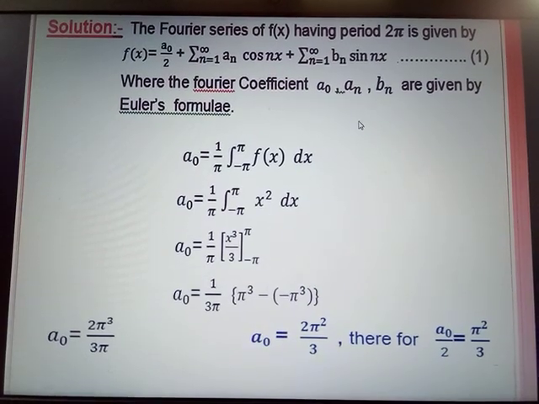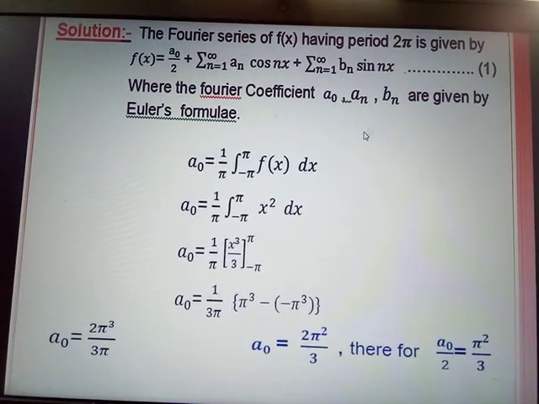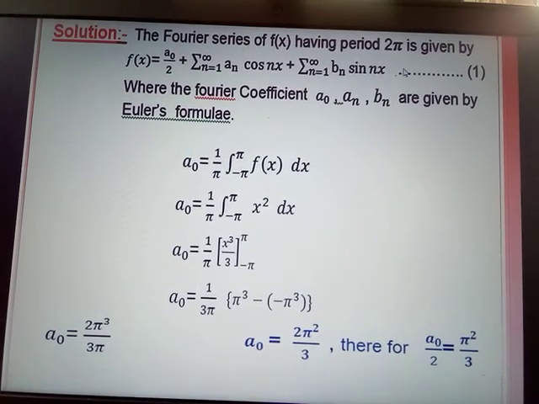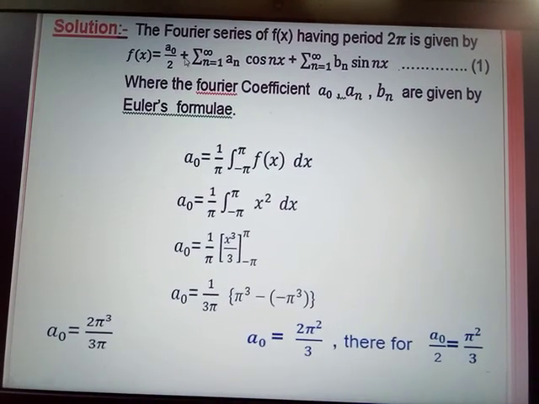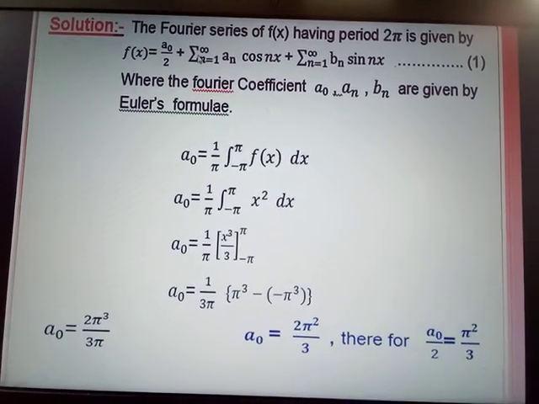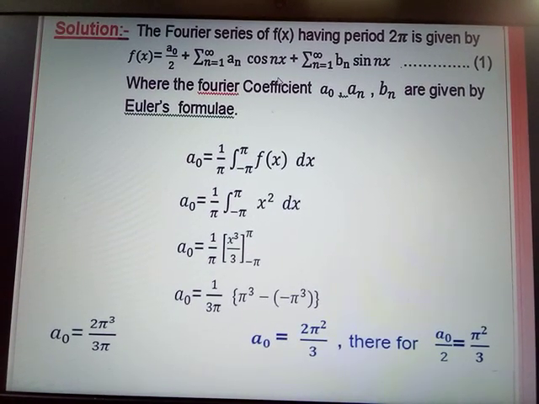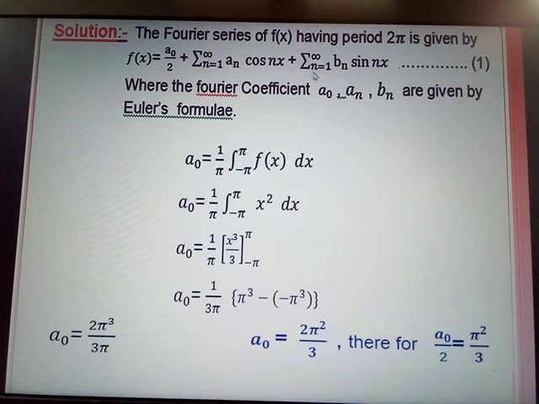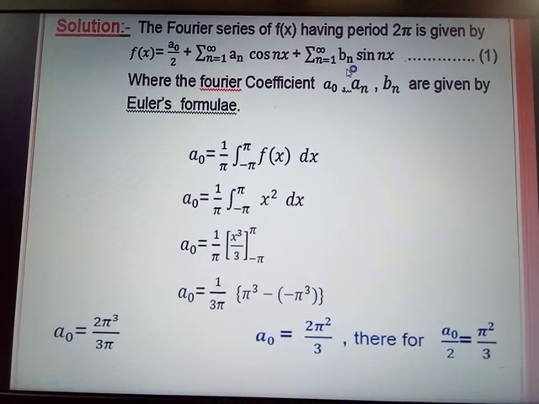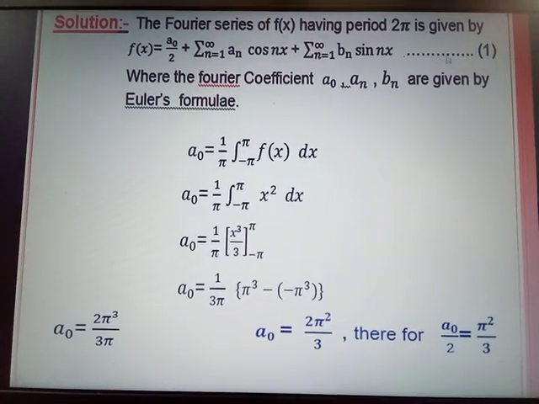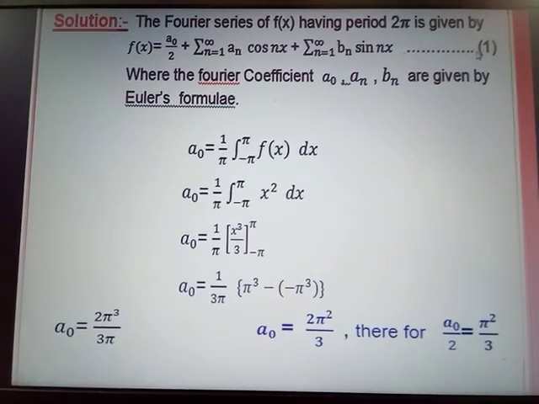The Fourier series of f of x having a period 2 pi is given by f of x is equal to a0 by 2 plus summation n running from 1 to infinity an cos n theta plus summation n running from 1 to infinity bn sin n theta, and name this equation as 1.